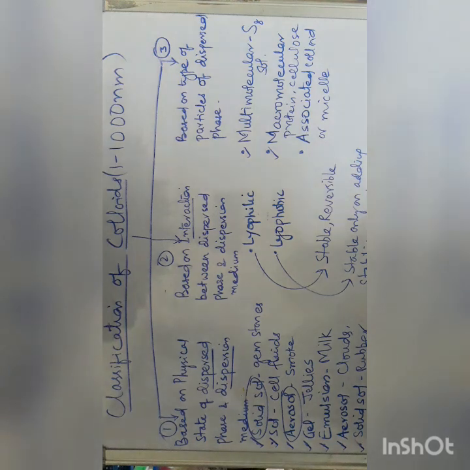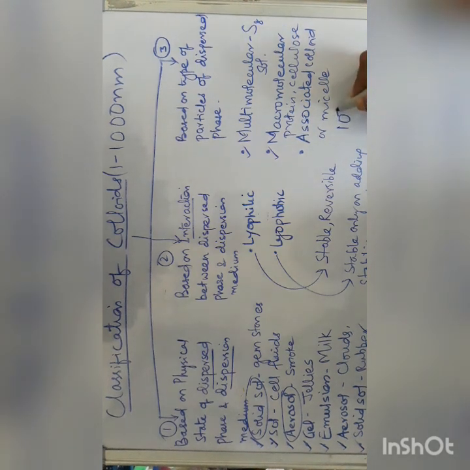So if we take the example of soap solution, soap solution is a colloid, or it behaves as associated colloid at a certain concentration which ranges between 10 to the power minus 4 molar to 10 to the power minus 3 molar.